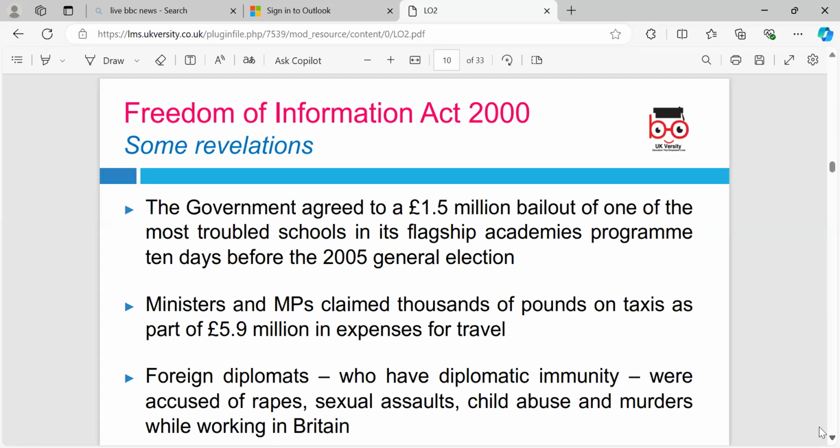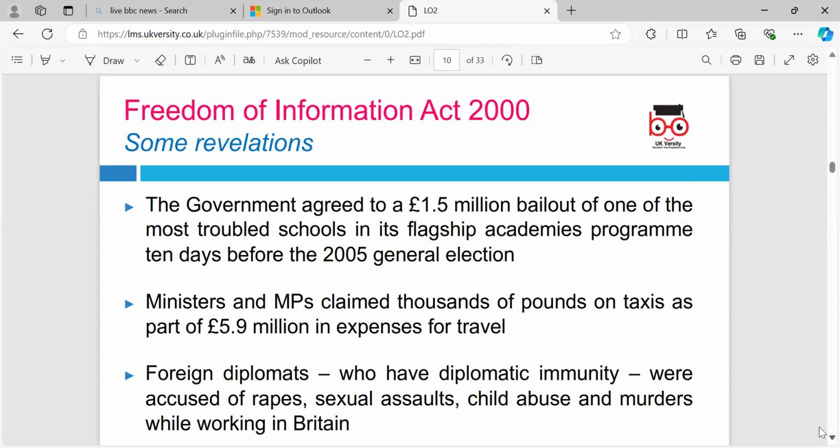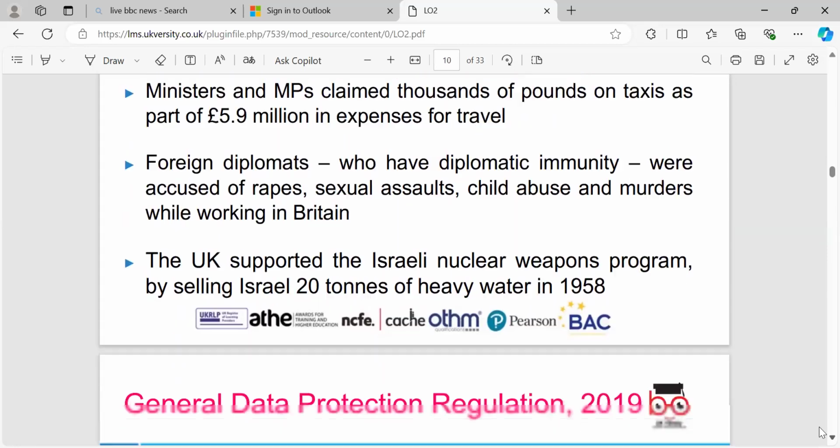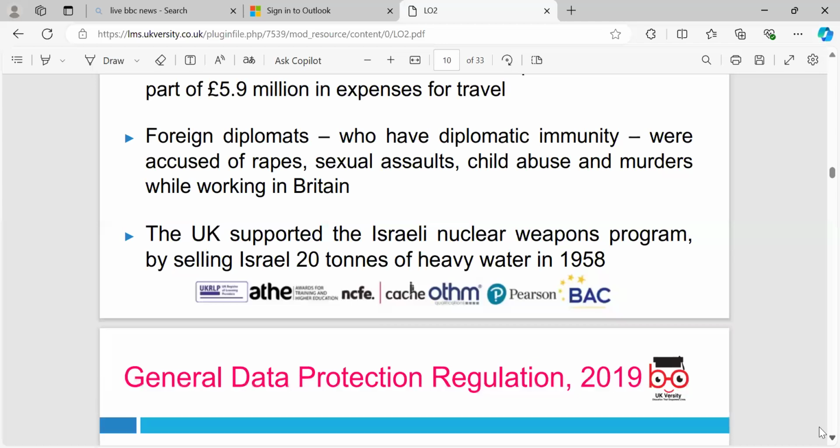Ministers and MPs claimed thousands of pounds in taxes as part of 5.9 million in travel expenses. Foreign diplomats with diplomatic immunity were accused of rape, sexual assault, child abuse, and murders while working in the UK. The UK supported the Israeli nuclear weapon program back in 2010, with heavy water.